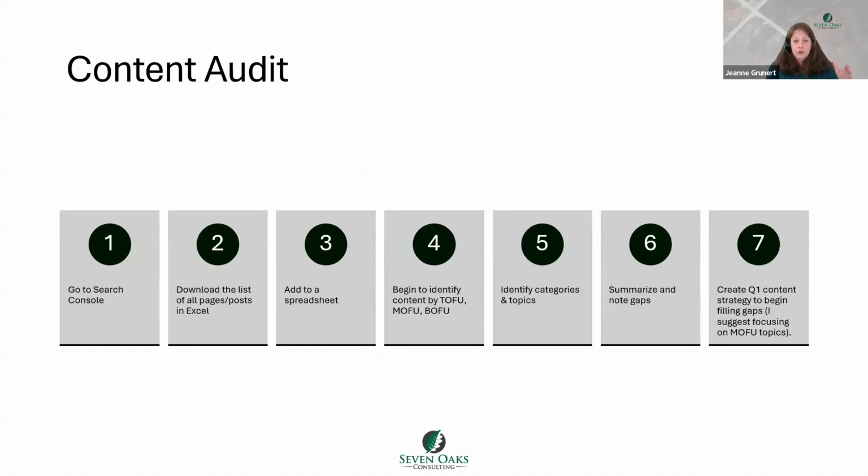The first thing is go to your Google Search Console, right? Google Search Console has a feature where if you go to, I believe it's Pages, and you tell it a time period of, say, the last year, and you check off what you want to get, you can then download all the URLs that it has indexed. So go to the bottom of that, change it to like 500, which I think is the maximum you can download at once, and download each page.